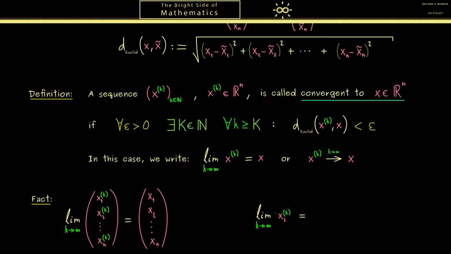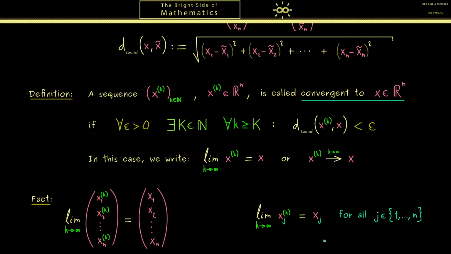However, on the other hand, if we write the limit k to infinity of x_2^k is equal to x_2, then this is exactly our old definition because it's one-dimensional, it works in R. And now of course we could write this thing for all other components as well. More precisely, we would say we have it for x_j, where j goes from 1 to n.